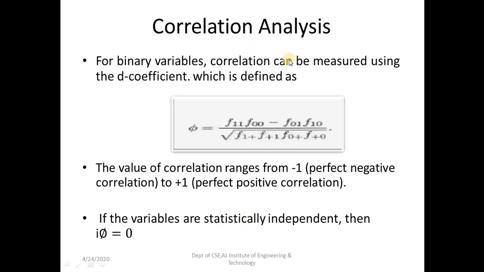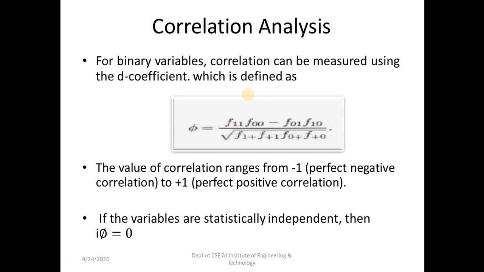For binary variables, correlation can be measured using the phi coefficient, which is a symbol representing correlation analysis.